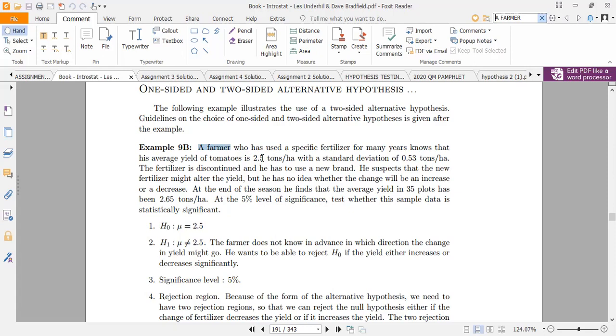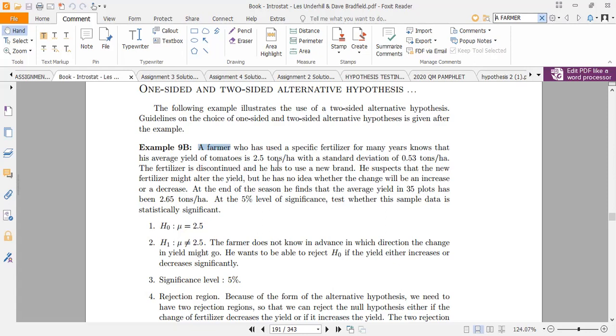Secondly, we are going to analyze the formula to use for a given standard deviation, and we're given our sample size. So our mu is 2.5, our standard deviation is 0.53.